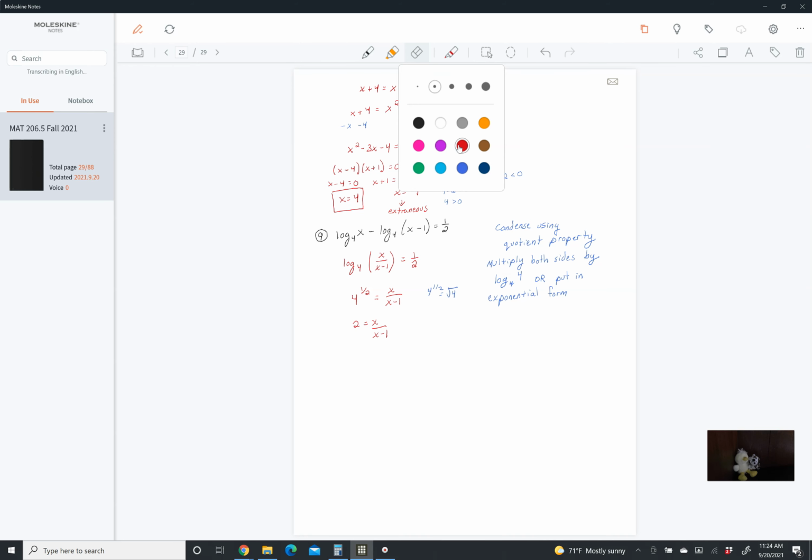We can multiply both sides by x minus 1. That's going to give us 2x minus 2 equals x.